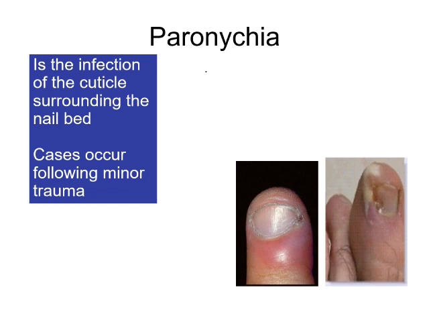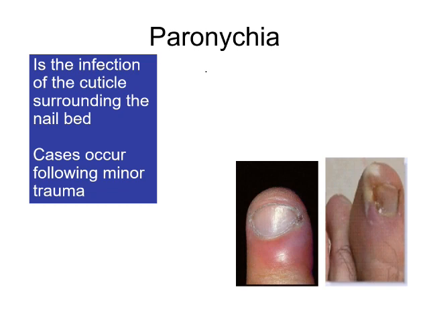Cases occur following minor trauma, such as removing a hangnail, and those who bite their nails, finger sucking, wearing artificial nails, and ingrown toenails. It may occur in patients who have wet hands constantly, like the bartenders or the dentist.